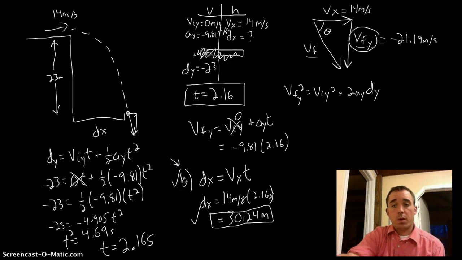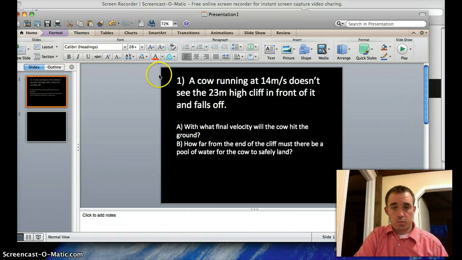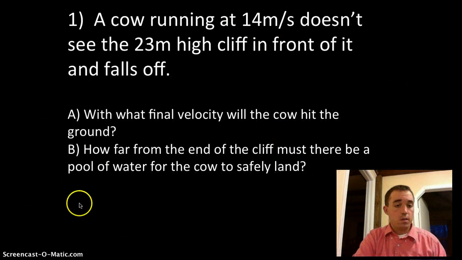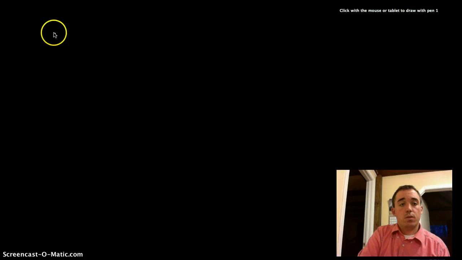I'm going to erase this, but I will redraw this triangle in a second because we have to find just two more pieces of information, VF and theta. So to find VF, I need to redraw. My Vx was 14.